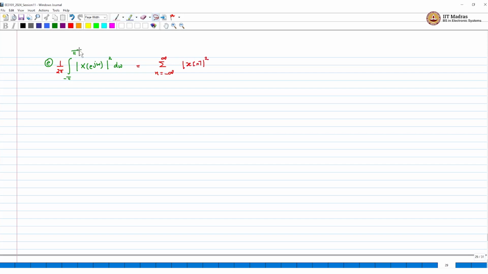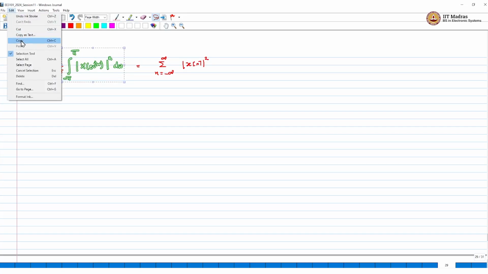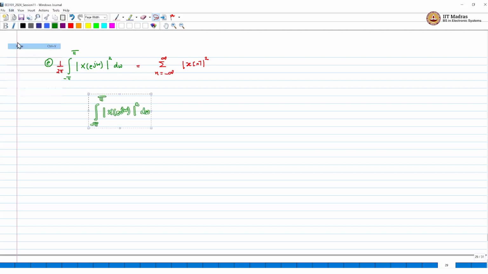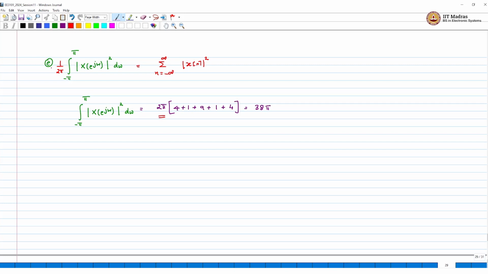So if you have only this portion, then what you will get is 2 pi times the squared sequence: 4 plus 1 plus 9 plus 1 plus 4. That is equal to 38 pi. Don't forget this 2 pi, again very, very important, because it is there in the overall expression.